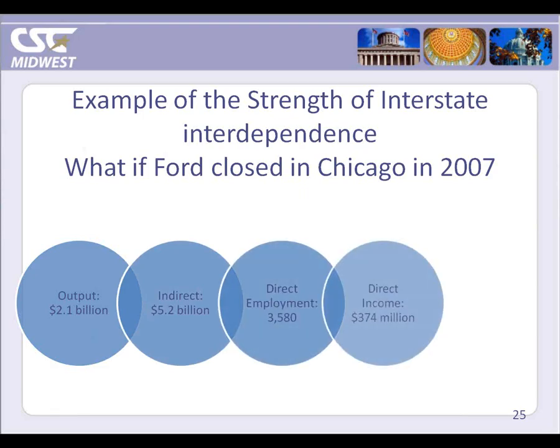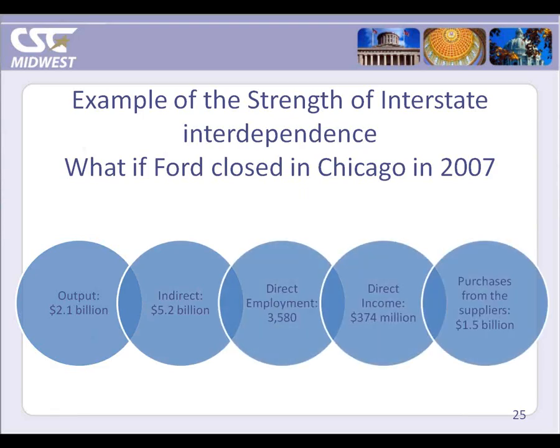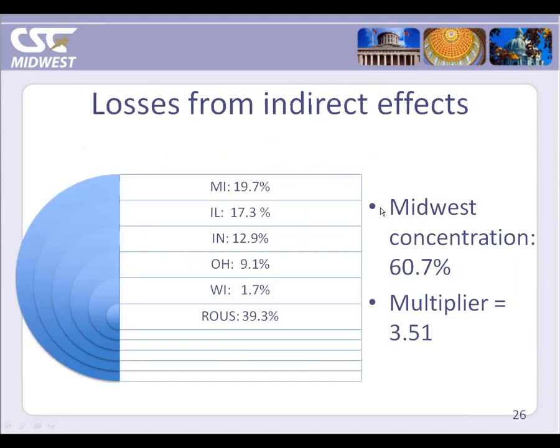And to give you an idea of the magnitude of some of these, we looked at an example of the interstate impacts of what would happen if the Ford company closed its plant in Chicago. What you've got here are the direct and indirect effects in total. But the next one really highlights the nature of this Midwest spatial chain: 60% of the indirect effects are concentrated in those Midwest states, and only 40% would go to the rest of the country.